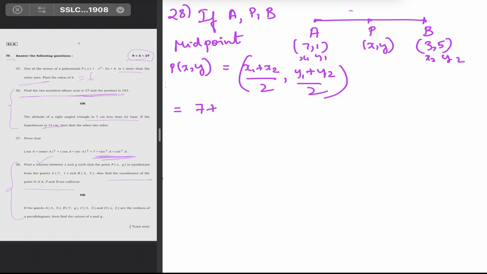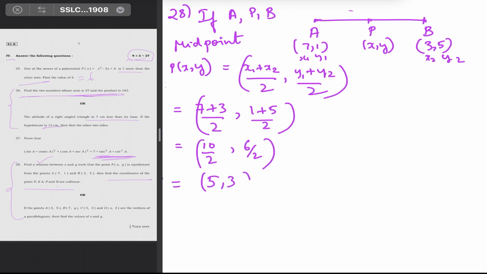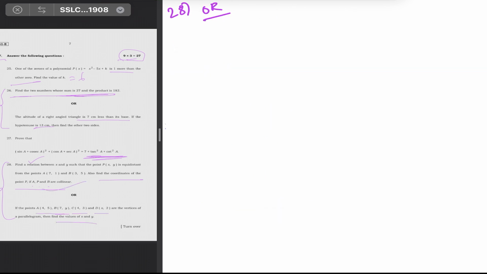It is (7 plus 3) by 2, comma (1 plus 5) by 2, which is equal to 10 by 2, comma 6 by 2. That is equal to (5, 3). Hence, the coordinates of the point P, P of (x, y), is (5, 3). Hence, we are done with the second part of the question also.